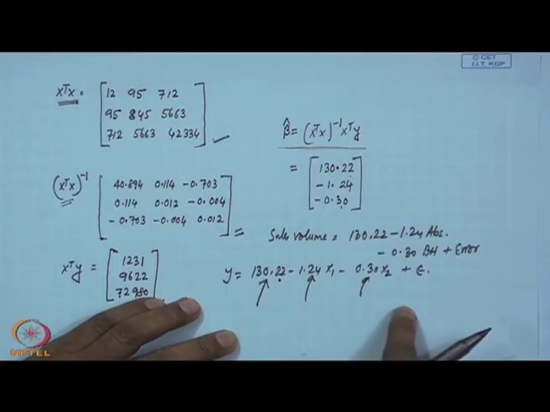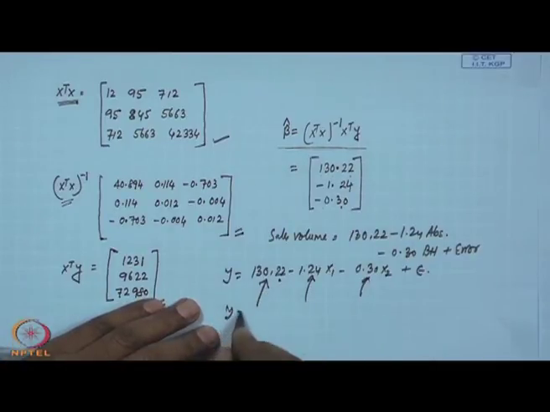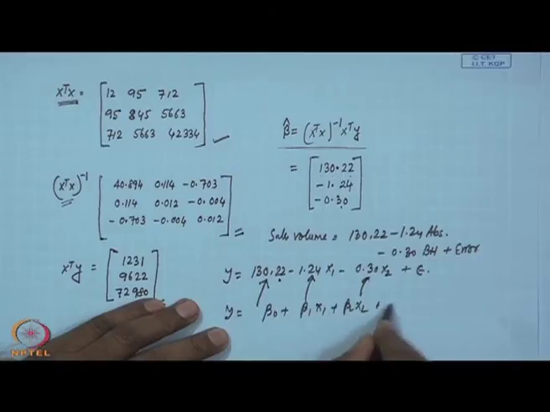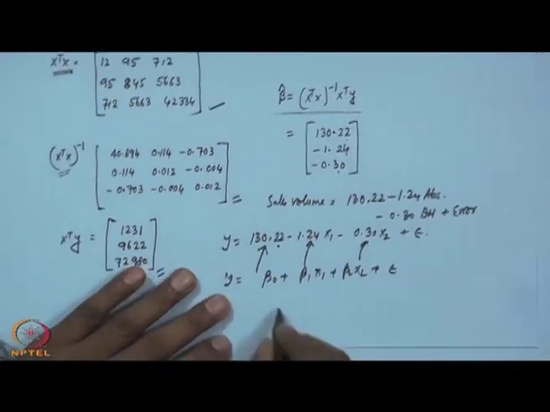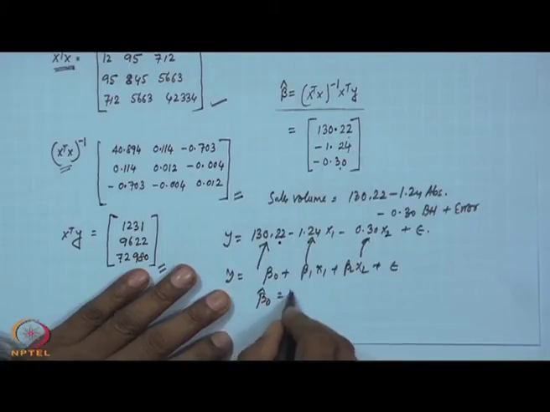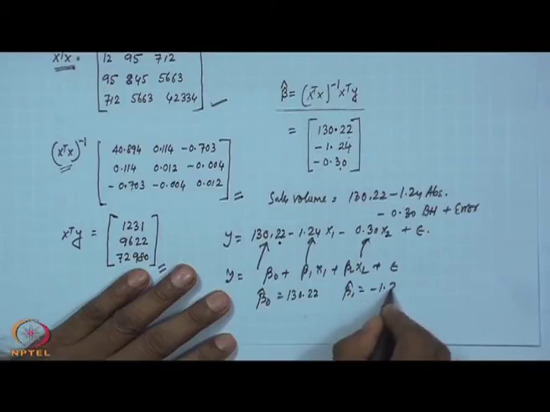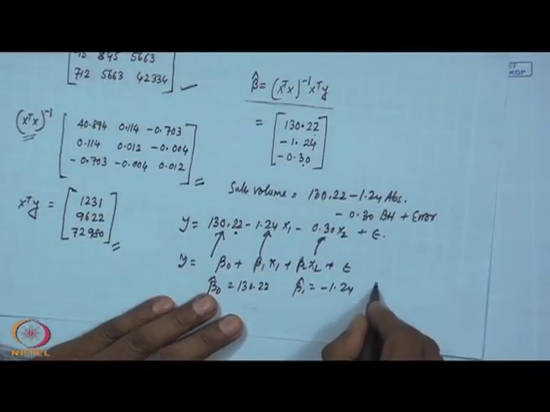Second, we said that you create the confidence interval for each of the original population parameters. Here the population model is like this: beta 0 plus beta 1 x 1 plus beta 2 x 2 plus epsilon. Here beta 0 cap is 130.22, beta 1 cap is minus 1.24 and beta 2 cap is minus 0.30.